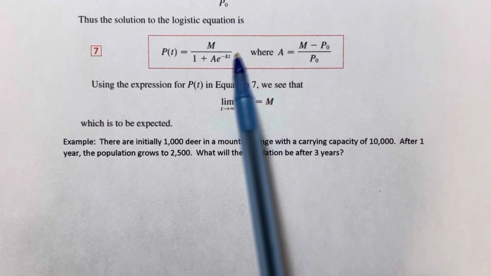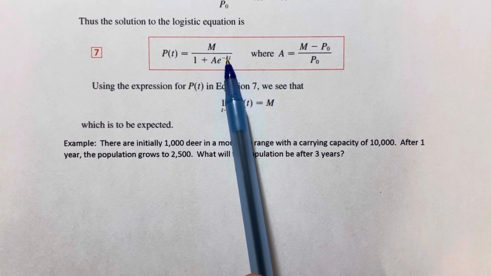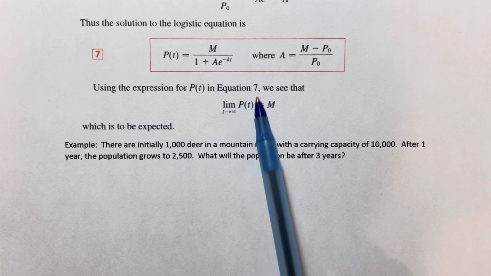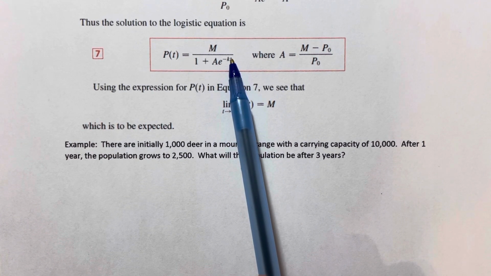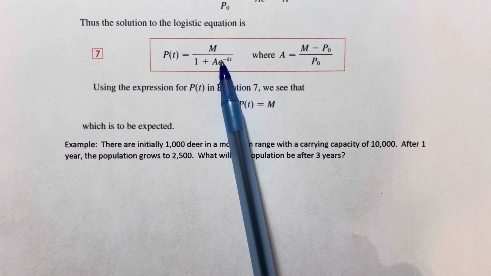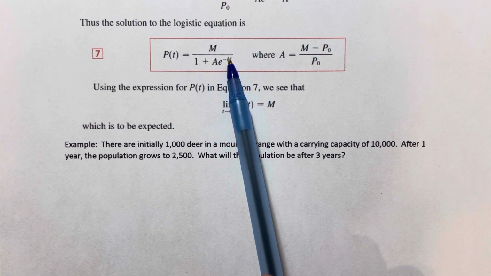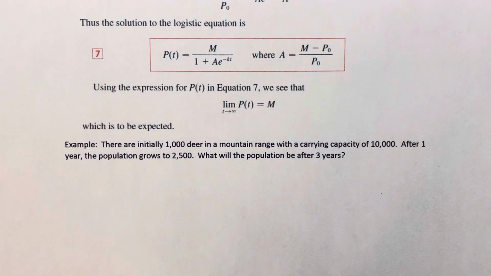To verify that, the only place in our model where t appears is right here. Remember, k is a positive constant, so putting a negative here means this is a negative coefficient on that t. So if t is going to infinity, then that exponent is approaching negative infinity, which means e to that power must be going towards 0, which zeroes out this entire term. I'm left with m over 1, which is just m. That's where that's coming from, okay?